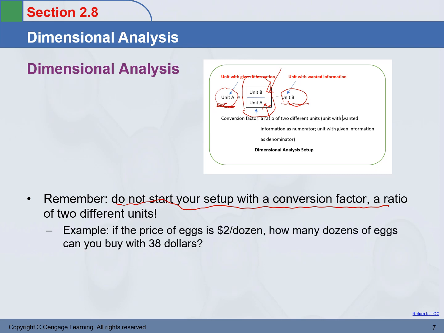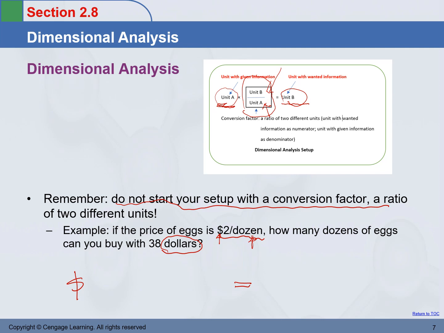Here is an example. If the price of eggs is $2 per dozen, how many dozens of eggs can you buy with $38? All right. The unit with given information, dollars. Why not that? That is a ratio between two different units, dollar and dozen. That's a conversion factor. You do not start your setup with that. So the given unit is dollar.